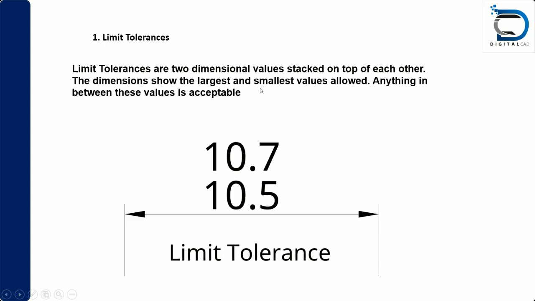The dimensions show the largest and smallest values allowed. Here the largest is 10.7, the lowest is 10.5. Anything in between these values is acceptable, so 10.5, 10.6, 10.7, anything in this range is acceptable. That is the limit. So limit tolerances give two values, an upper limit and a lower limit.